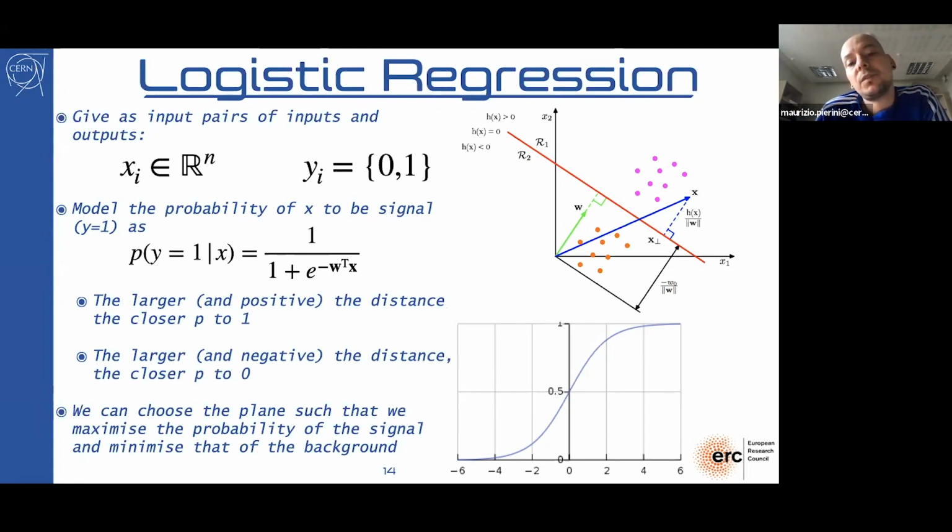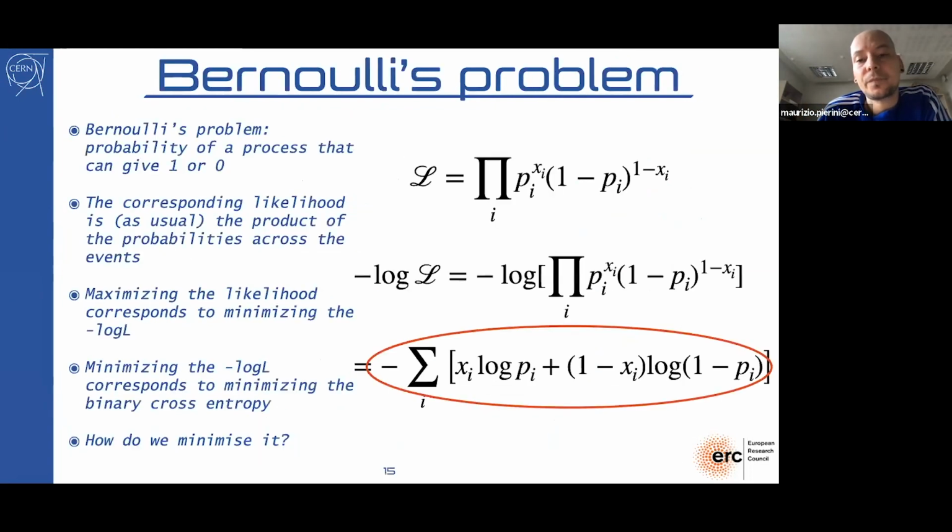And the name of the game is to find the optimal direction of that plane. Now, if you think about it as a Bernoulli problem, basically you're trying to find the probability of a process that can give us an outcome 1 or 0. And so you would start with the likelihood, which is the equation at the top of the slide.